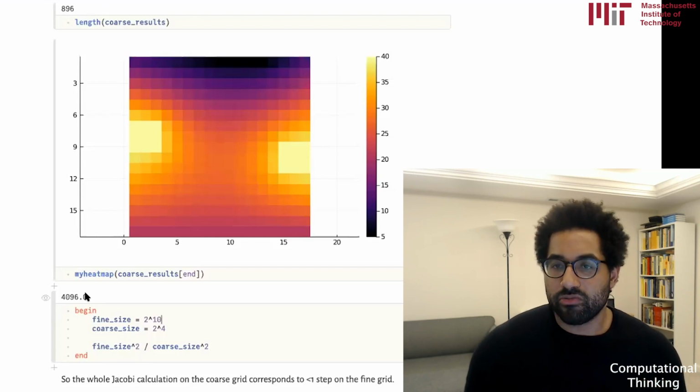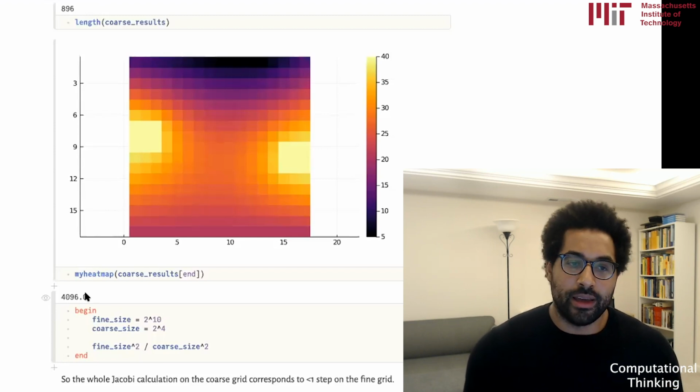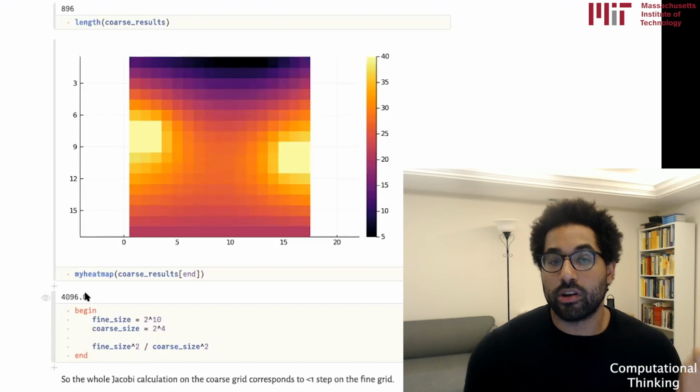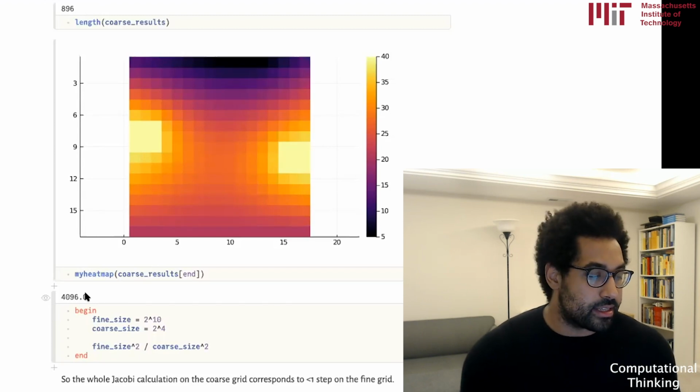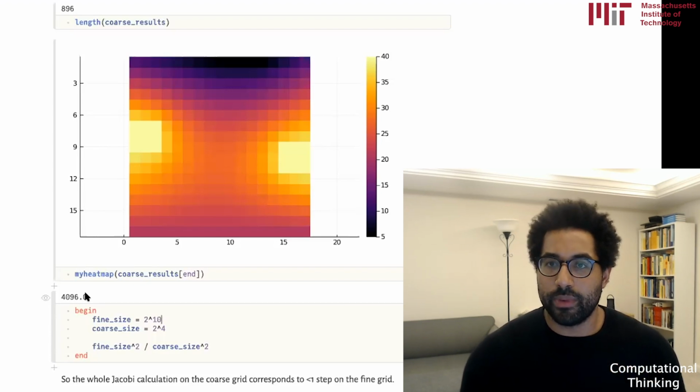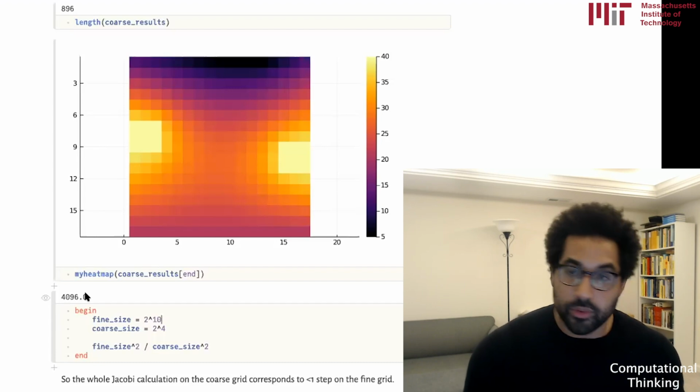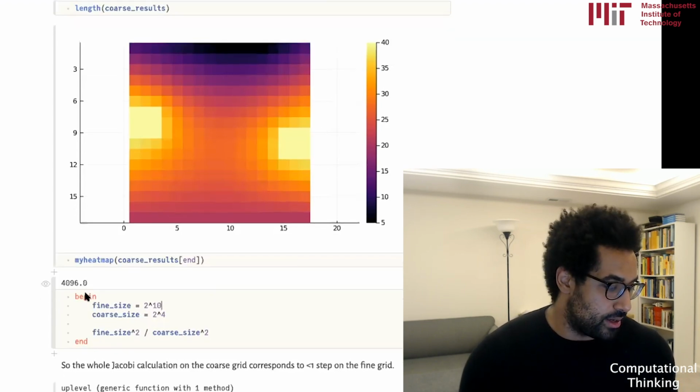That means one iteration of Jacobi on our fine grid is roughly 4,000 times as costly as one iteration of Jacobi on our coarse grid. So this picture for our coarse grid costs less than one iteration of Jacobi on our fine grid. And so we can try to really exploit this.